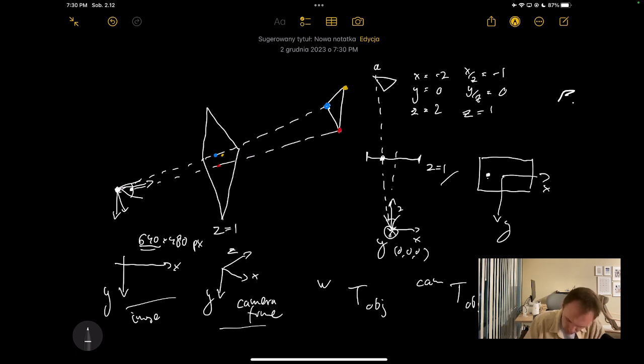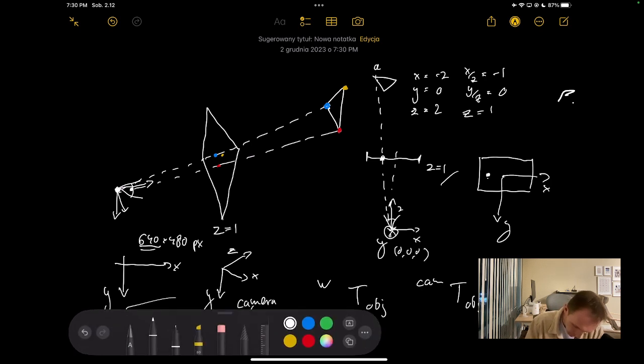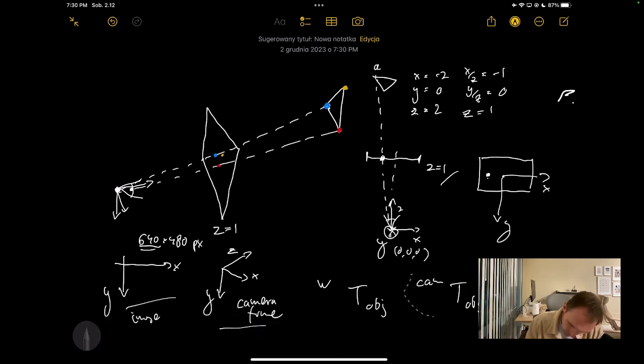So in order to do this, we would need the inverse of the position of the camera in the world frame, and then we would need to... let me just move this away, and then move this to the left.